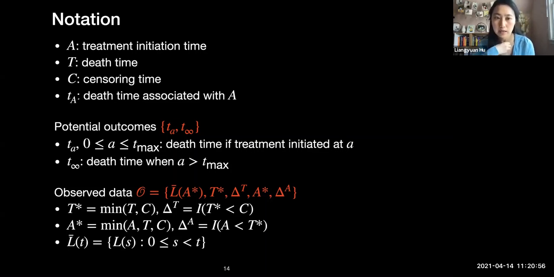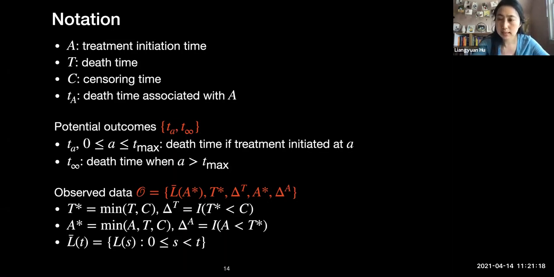We use T sub A to denote the death time associated with A. So T sub small a is the potential death time if treatment is initiated at A. We use T sub infinity to denote the death time if the treatment is initiated beyond some time point of our interest.